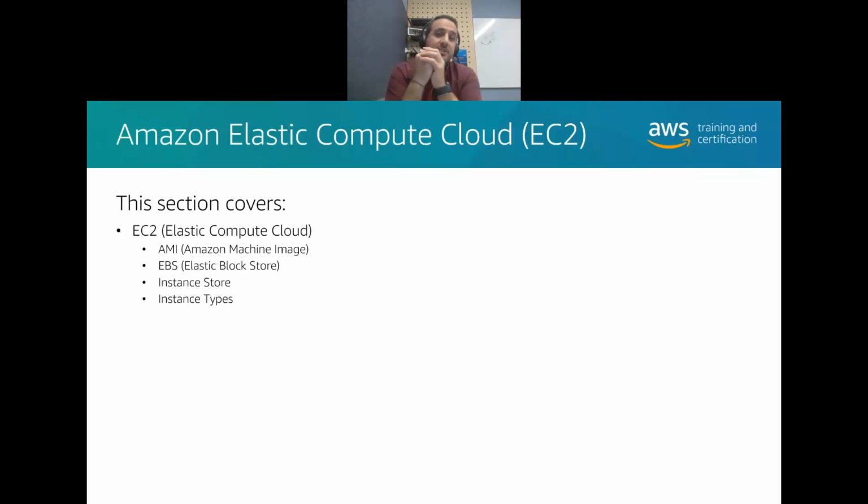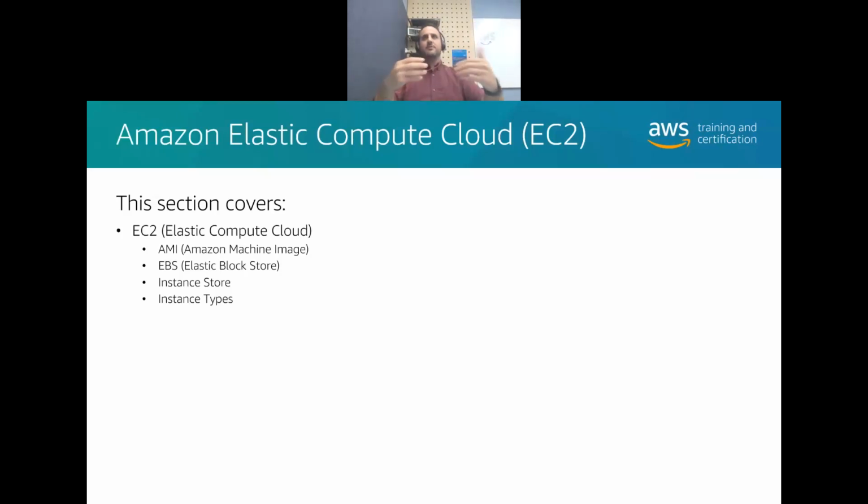EC2 is an AWS product. You may have heard of it before, but my assumption is that you have never heard of it before this session. However, its functionality is extremely similar to things that exist outside of AWS.